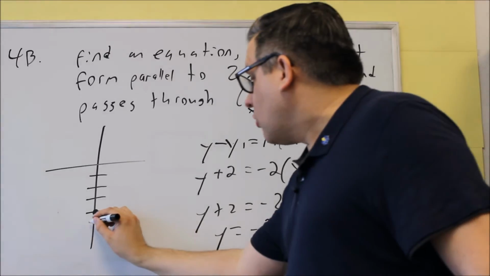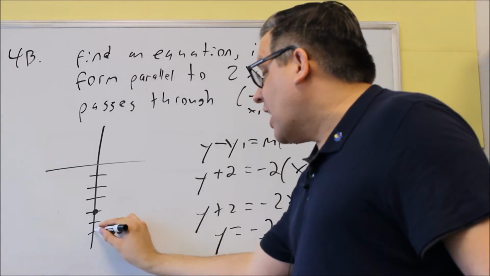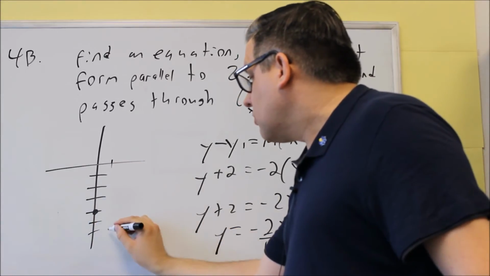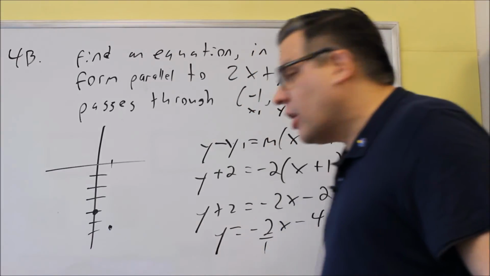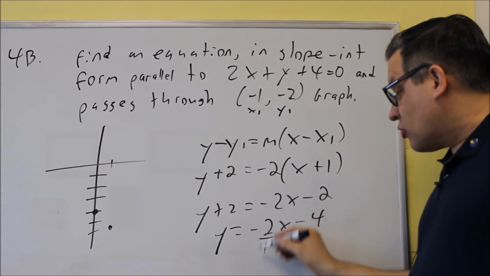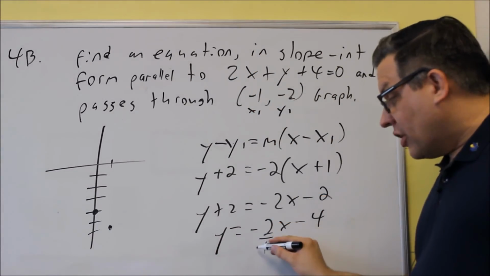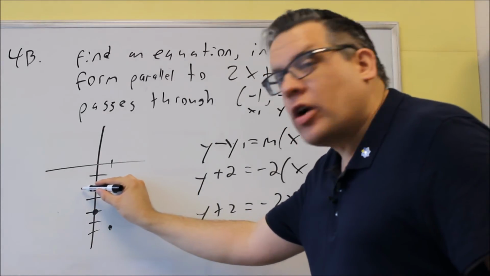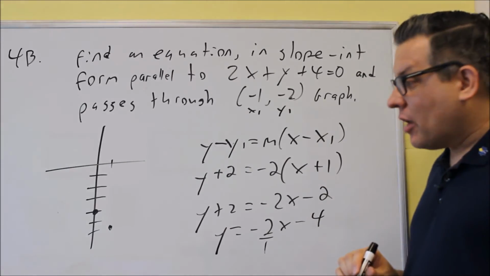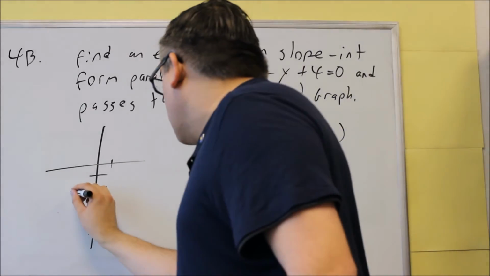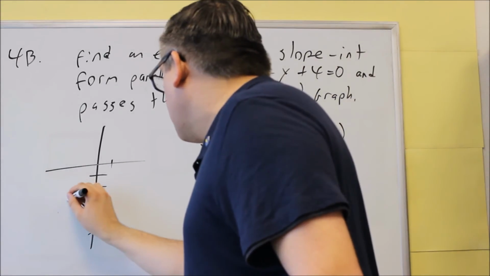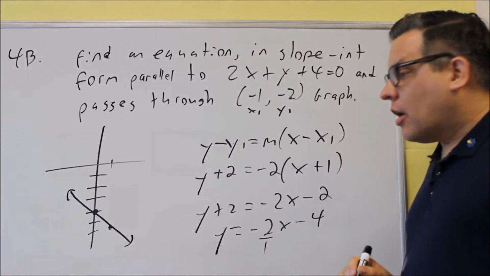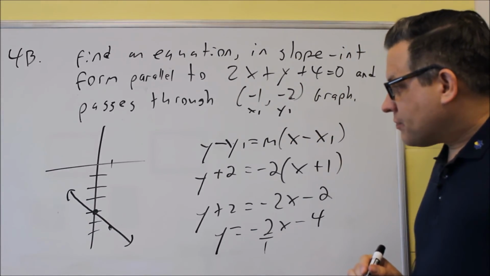So from here, what I can do is go down 2 and 1 to the right. Now, if I switch the signs here and put the negative with the 1, I could have also gone up 2 and gone 1 to the left. That would again be the same answer, but in this case I'll just use these 2 points that we have here. And that's going to be our equation.